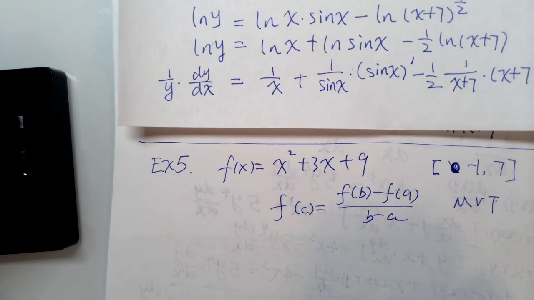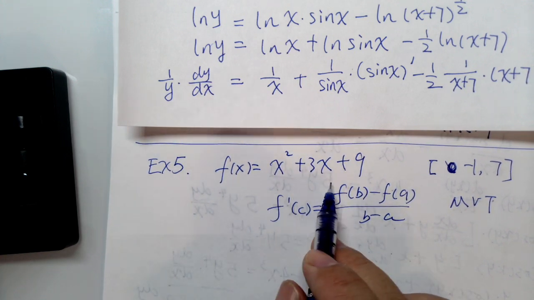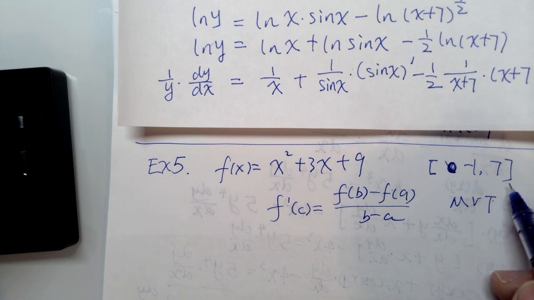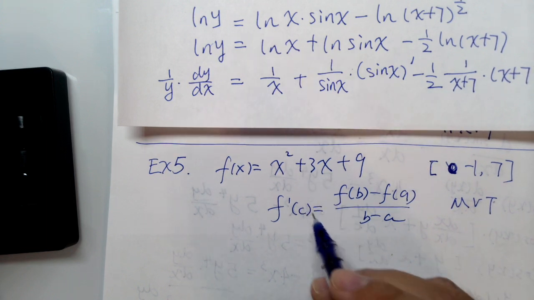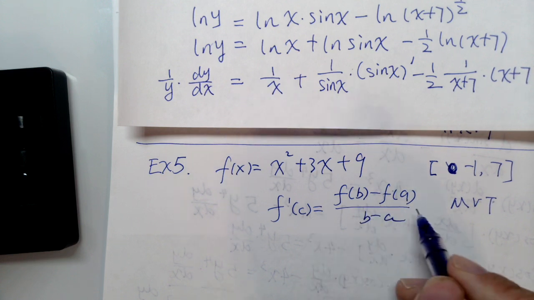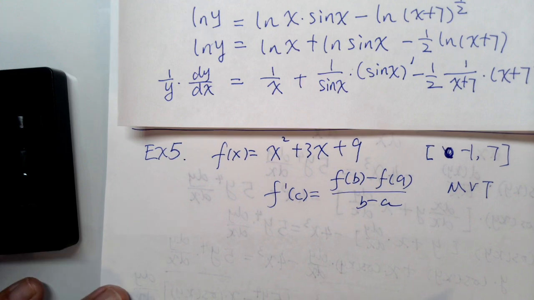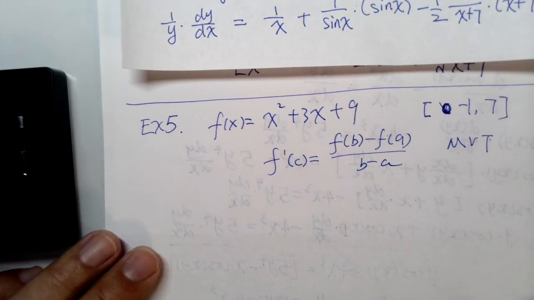This question asks you, if the function is given here and the interval is from -1 to 7, figure out the corresponding value of c such that the derivative evaluated at c equals f of b minus f of a over b minus a. This type of question is pretty straightforward.